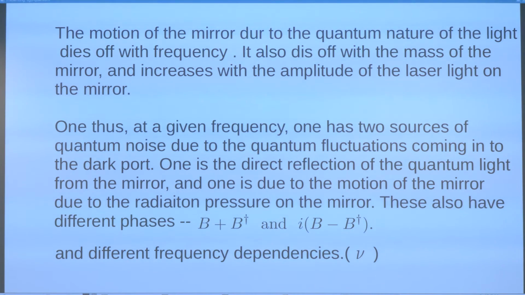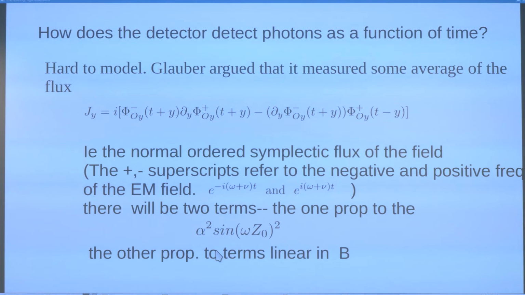So the total noise in the interferometer has two terms in it. One is that shot noise term, and the other one is this radiation pressure term. Here's again the signal detection, the photon number, written in terms of these various fields, the flux of photons, which you're going to measure with your photomultiplier.